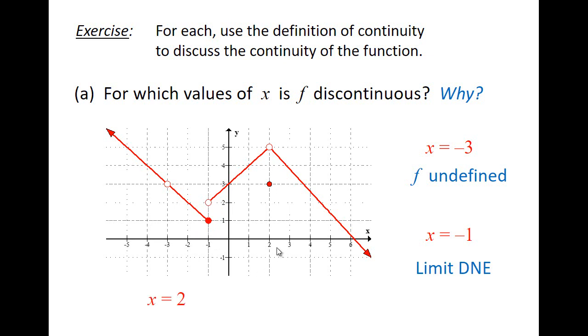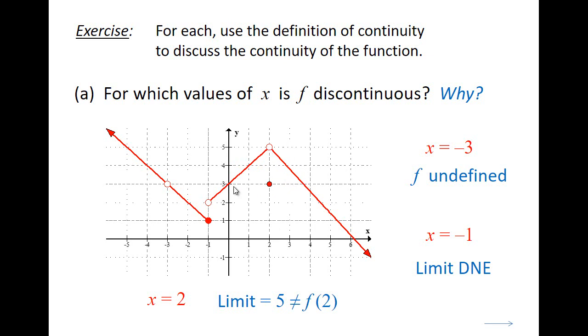And then we have the point x is equal to 2. And there we have a similar issue. So at the point 2, notice that f is defined. So f of 2 is 3. However, what is the limit at 2? Well, the limit at 2 is 5.